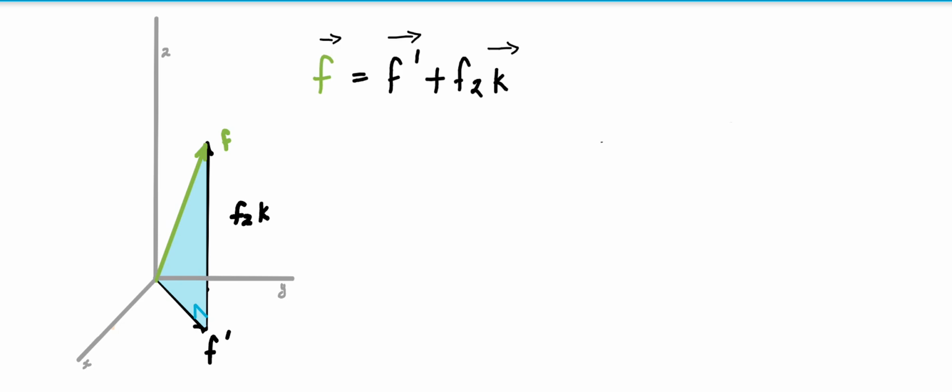That is what we have already dealt with, resolving along a triangle. Similarly, I resolve F dash further into 2, that is Fx i and Fy j.